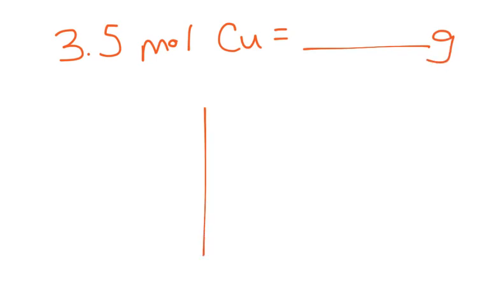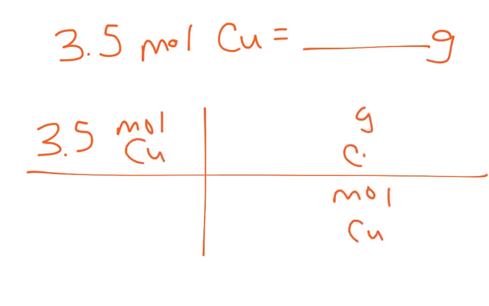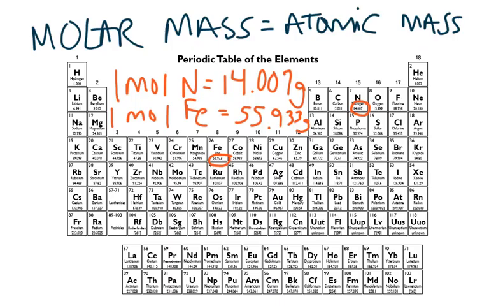So let's say I have 3.5 moles of copper, and I want to know how many grams that is. Okay, again, set up my cross. 3.5 moles of copper, grams of copper. Okay, and now I've got to plug in my conversion factor. So this time, I got to go to my periodic table. I'm looking up copper.